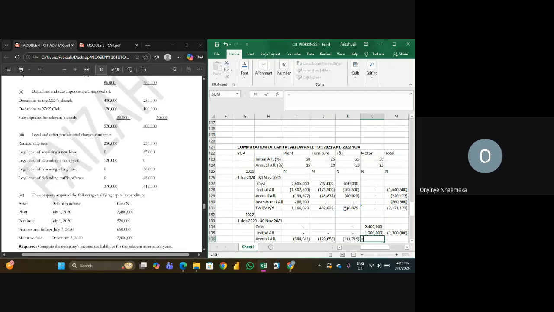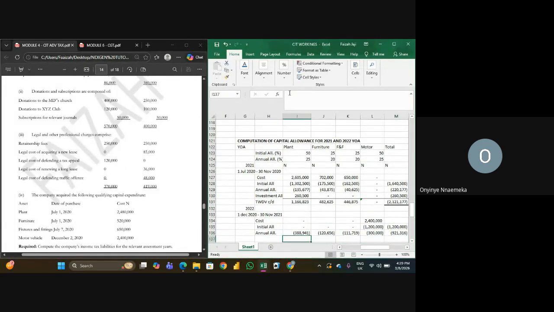This one is new, so we do cost plus, because we have brackets there, initial allowance, multiplied by 25%. Then we'll add it all up.